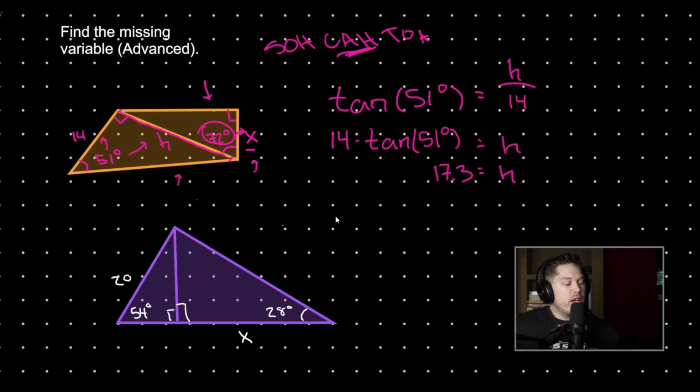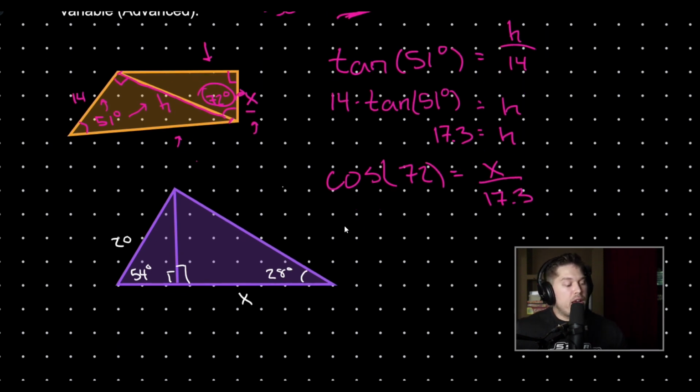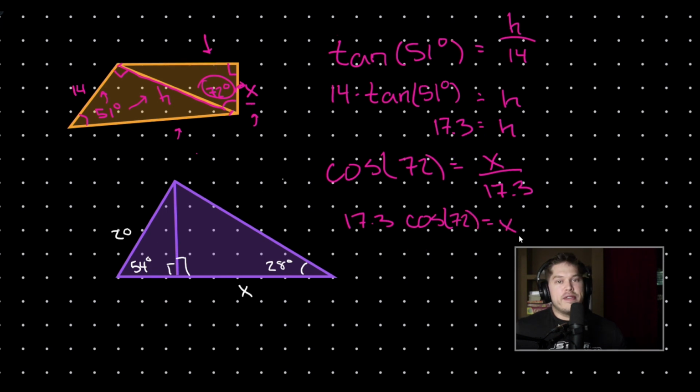We know that the cosine value of 72 is equal to the adjacent, our x, over our hypotenuse, which we just found to be 17.3. So now, whenever we multiply both sides by 17.3, we will find our missing value x.